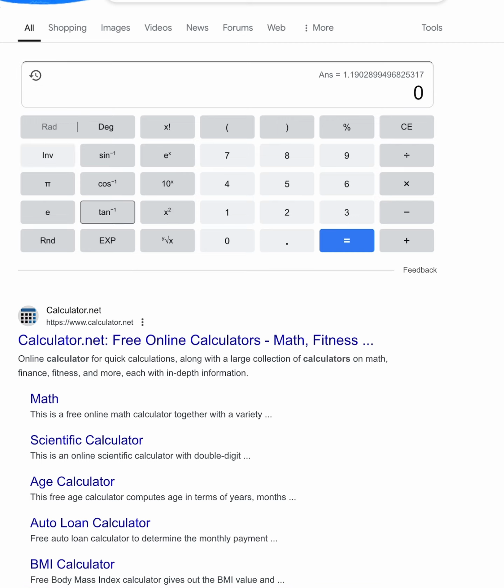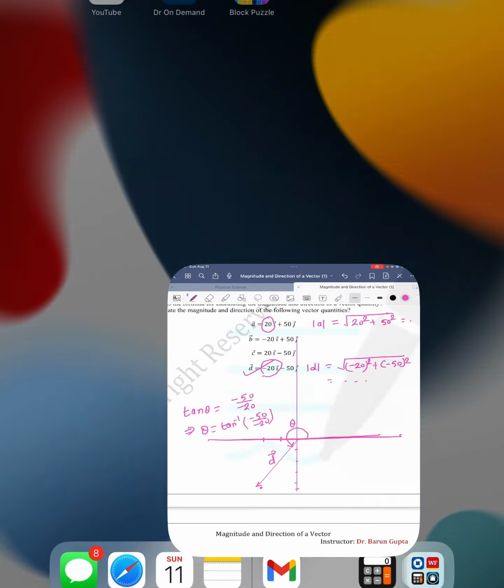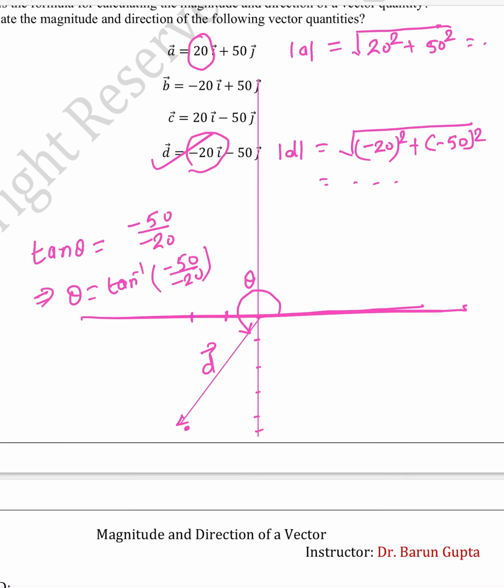Inverse tangent of negative 50 divided by negative 20, and I got 68.19, so about 68.2 degrees. But you see this is much more than this one.